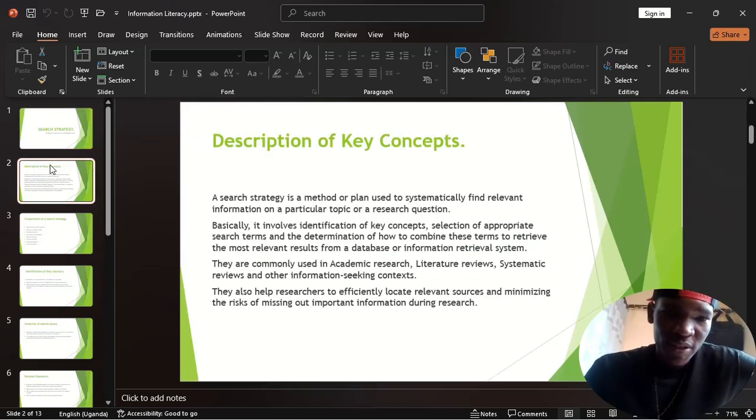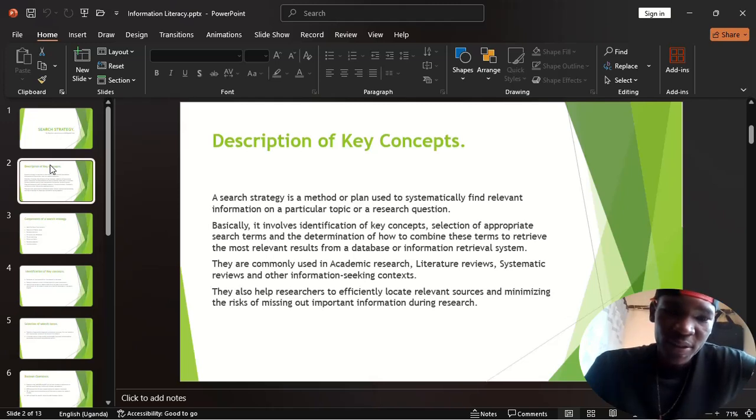We looked at a brief description of the key concepts of what we call the search strategy. We also looked at the search strategy as a method or a plan used to systematically find relevant information on a particular topic or a research question.